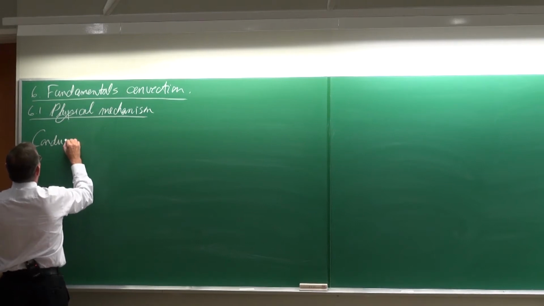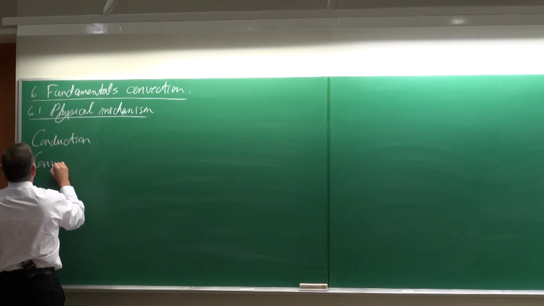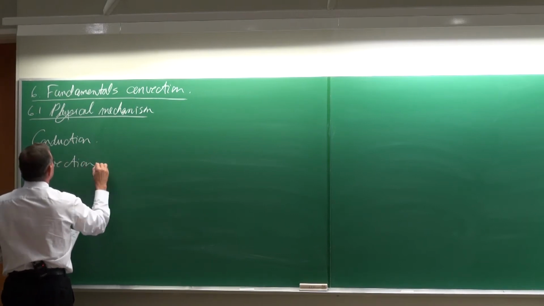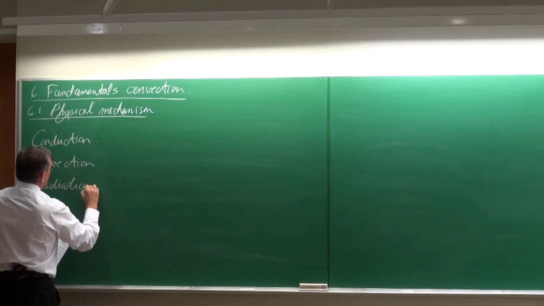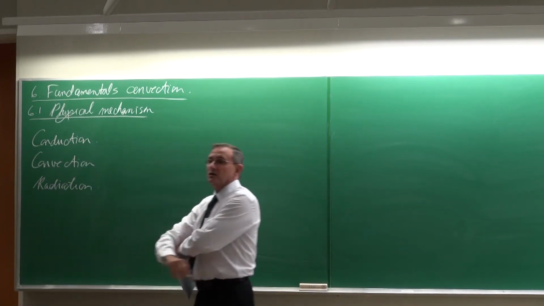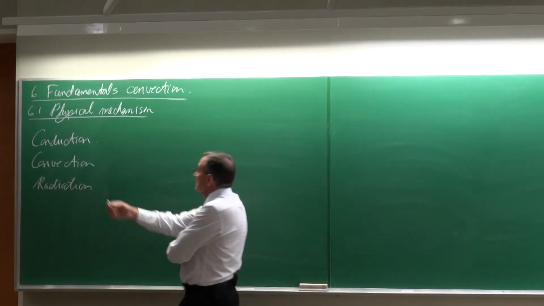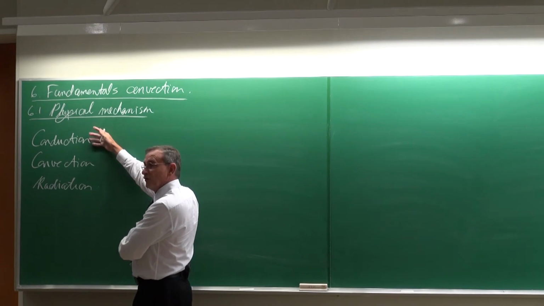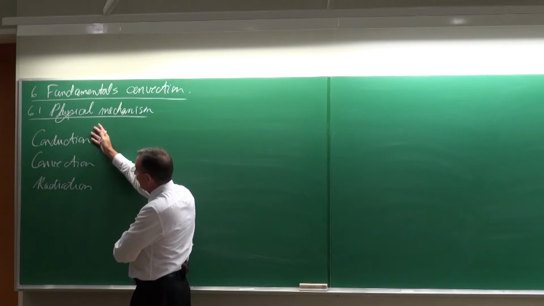You've learned that there are three different modes of heat transfer: conduction, convection, and radiation. Conduction is chapters 1 to 4. It is steady state conduction, the first three chapters, and then transient heat conduction in chapter 4.